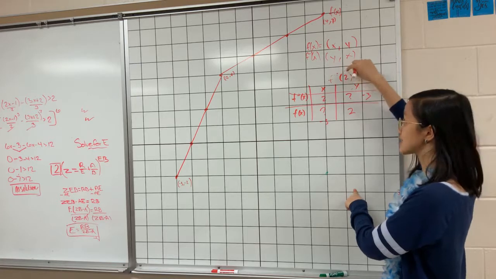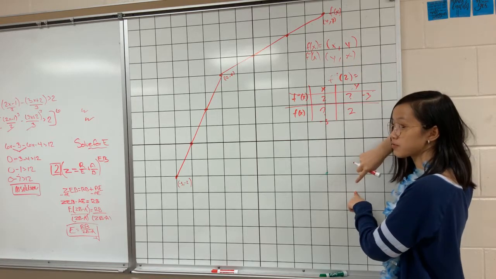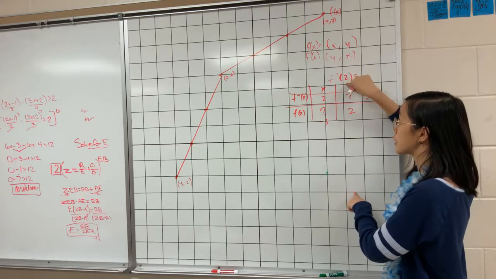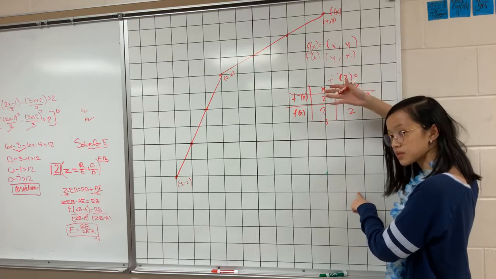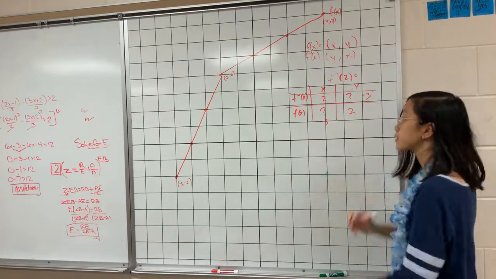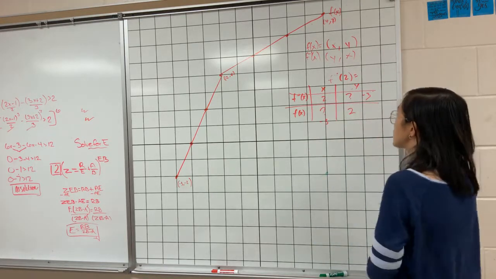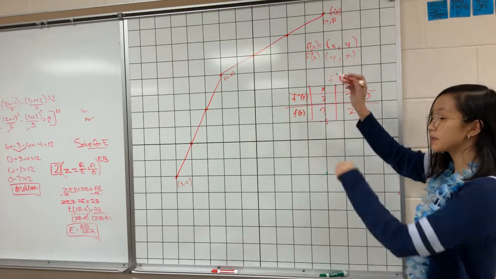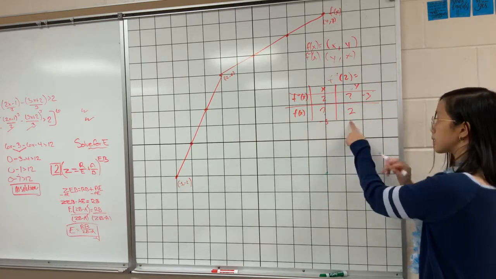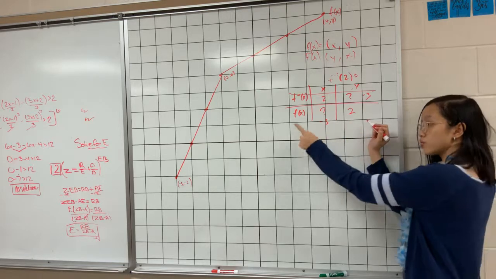The only coordinate we have so far is the inverse. In the inverse, it says that 2 is our x value. And because 2 is our x value in the inverse, that means it has to be our y value in the regular one. Does that make sense? Because they're switching. So if you have your 2 as your x value in the inverse, it switches and becomes the y value in the regular one.